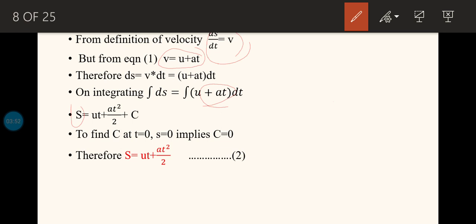Substituting s is equal to 0, the ut term becomes 0 since t is 0, and the a t square term also vanishes. So 0 equal to c, that is c equal to 0. Finally, the equation will be s is equal to ut plus half a t square. This is again the second fundamental equation that we are going to use in the field of engineering mechanics, kinematics.